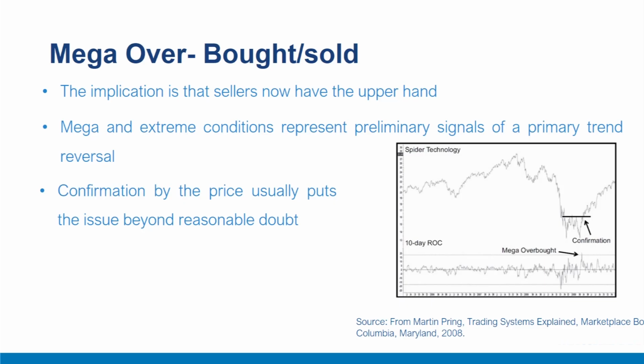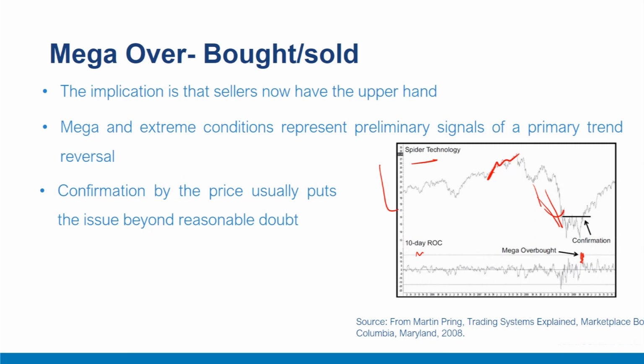Let's have a look at this figure here, shown for SPDR technology. On the top we have price movement, fluctuating prices, and at the bottom we have the 10-day ROC. Notice that at this juncture there is a mega overbought level, which is preceded by a long bear rally. So there is a bear market which is falling, and then there is an overbought.